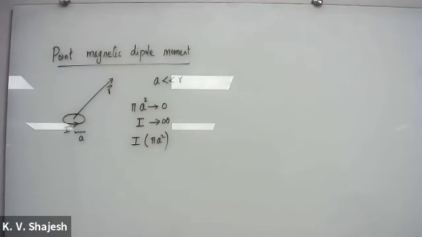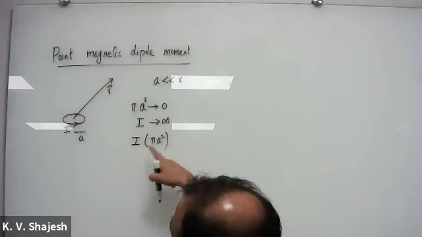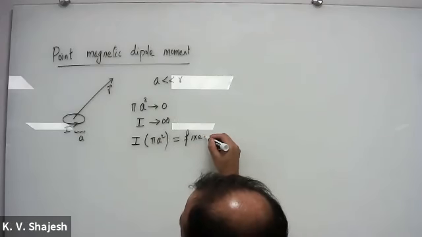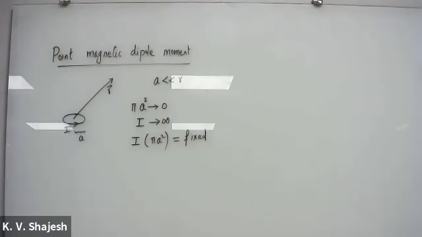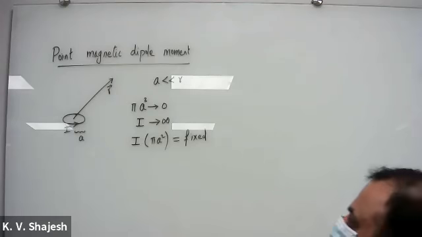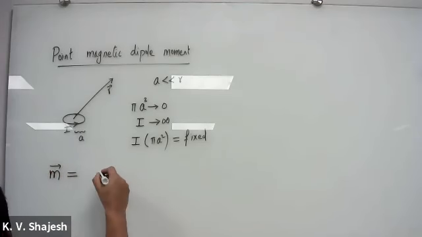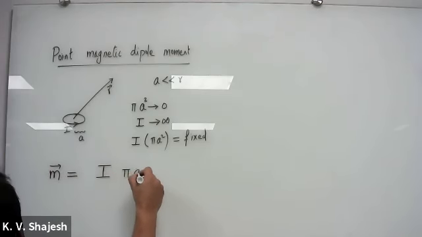A very large quantity, before we actually take the limit, if we do this, then they cancel out, and that remains fixed. And that will be called a point magnetic dipole moment. Remember, for a wire, M is equal to I times the area, which is pi a squared.